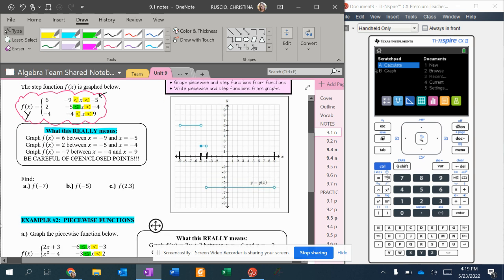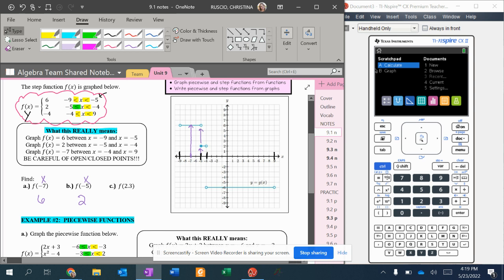Now we can interpret this graph. So let's take a closer look. F of negative 7: when x is negative 7, let's look at our y value. Our y value is 6. When x is negative 5, our y value, if I look below, isn't anything. Up above, that looks like it's 2, but wait a minute, is it also 6?